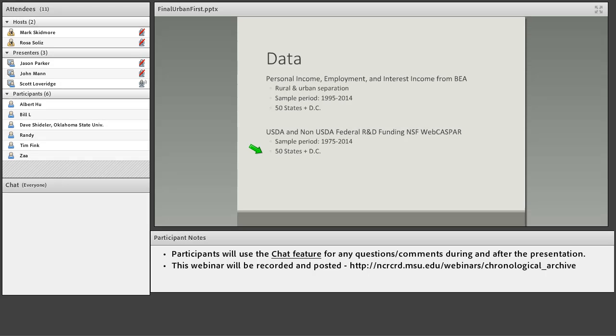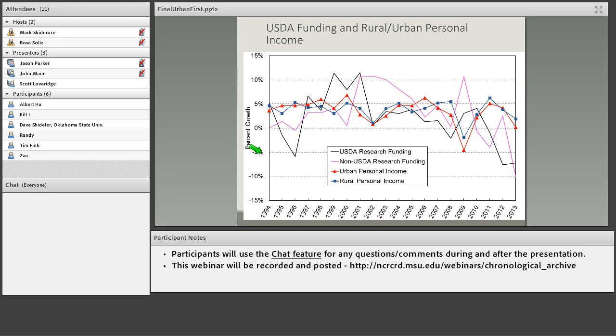More details about the model are coming, but first an overview of how the data have performed over the time period. This is how USDA research funding has changed over the period, so there is some variability there. Then we have the non-USDA research funding, which also has some variability.